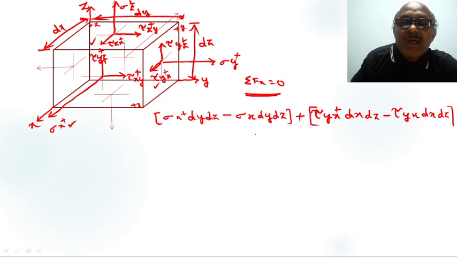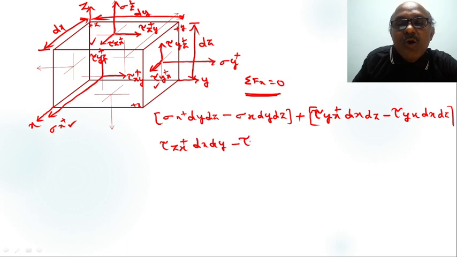Now similarly, for the z face, we have tau zx plus, acting on the dx dy surface, minus tau zx on the negative face, tau zx into surface area dx dy, plus the body force.